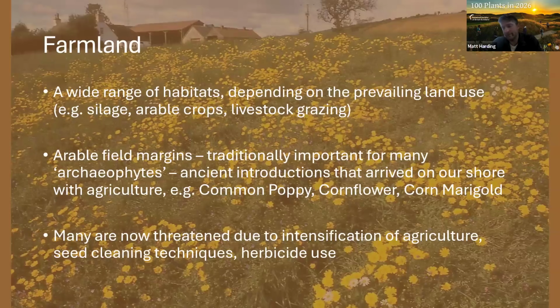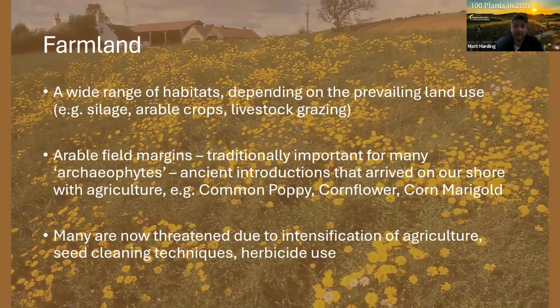So moving from the urban to the rural now, out into the countryside. In farmland, there are a huge range of different habitats that mainly depend on the prevailing land use. So you could have silage or arable cropping, livestock grazing, etc. And arable field margins were traditionally really important for many of our ancient introductions, known as archaeophytes, that arrived on our shore more than 500 years ago, quite often with the introduction of agriculture.